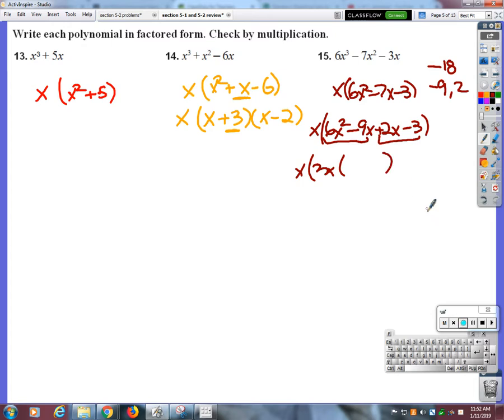When you do that, what's left? A 2x, not x squared because we took an x out, so that drops it down, minus 3. Which is the same as what I have right here. I can't actually factor anything out of that.